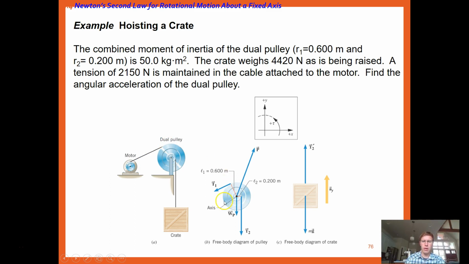If we look at the pulley and do a free body diagram, it's going to have 4 forces acting on it: its own weight, the tension from the crate, T2, the tension from the motor, T1, and then the normal force at this axis, which I'll just call P. And if you notice, the normal force is going to be at an angle because the motor's pulling one way and weight's pulling it down, so the normal force must resist both of those. And then for the crate, pretty easy, just weight down, T2 going up, and then the acceleration upward as well.